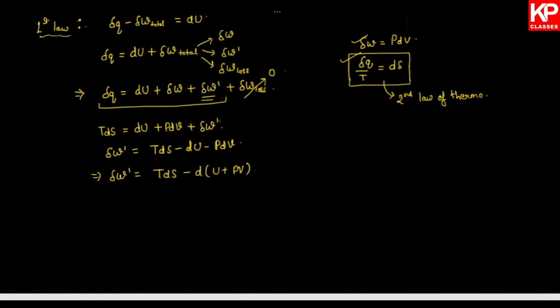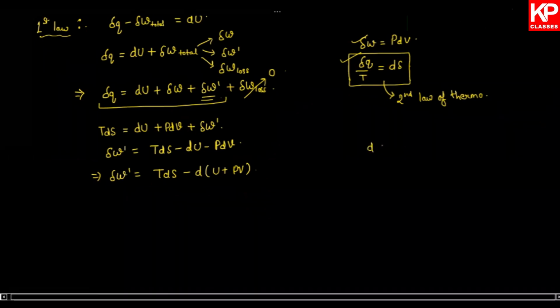So del W dash is given by TdS minus d of (U plus PV), which we have already seen. I'm just showing you again that d of (U plus PV), if you open this differential term, you will get dU plus PdV plus VdP.